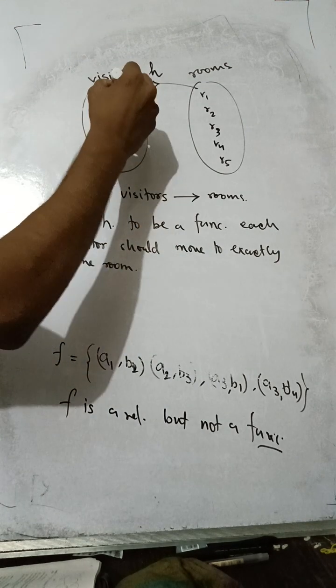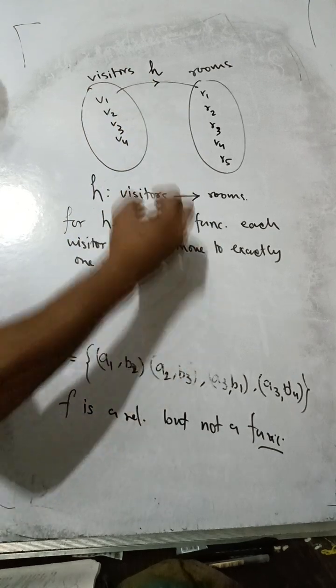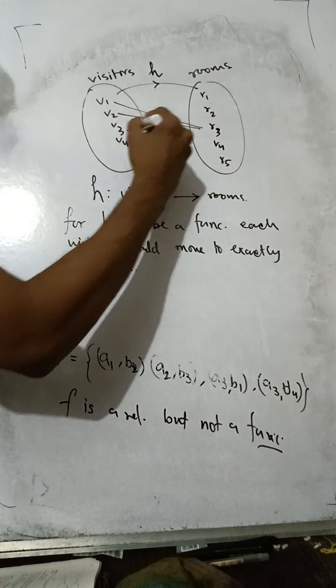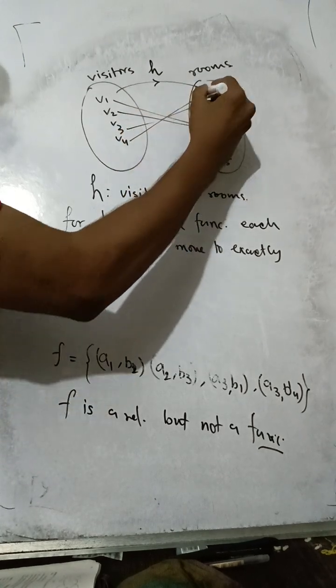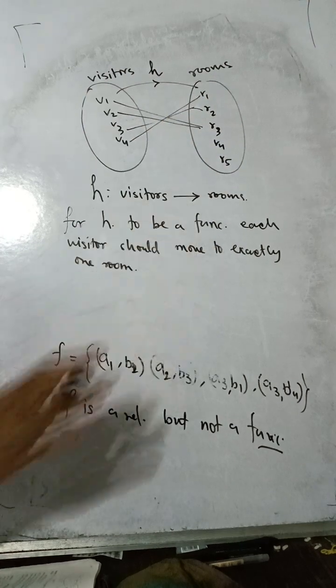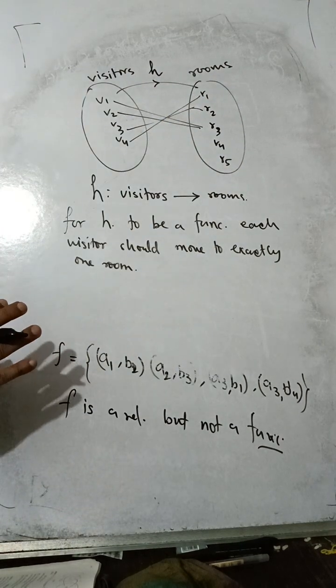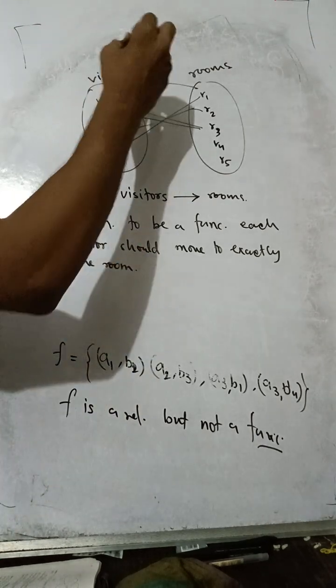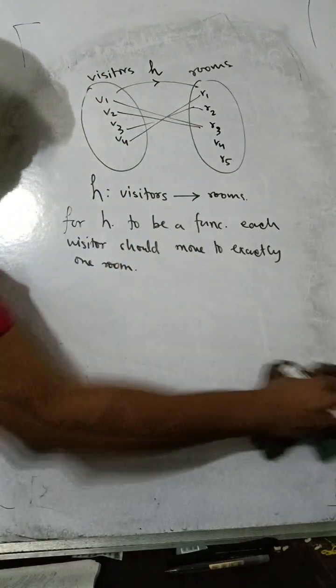So suppose v1 is moving to r3, v2 is also moving to r3, v3 is moving to r2, v4 is moving to r1. Okay, so this is a function.